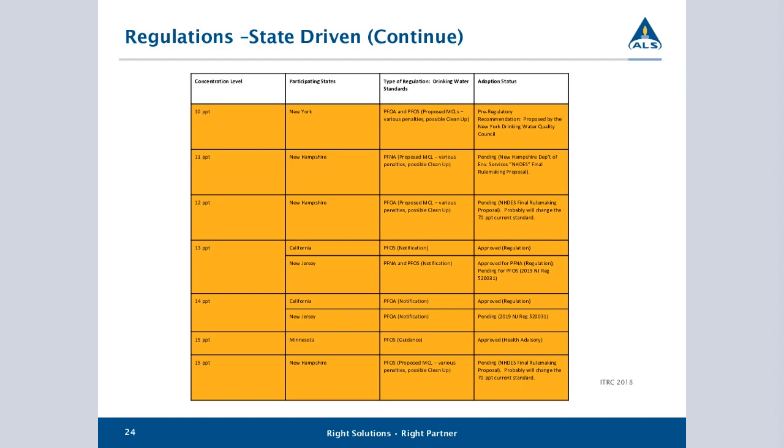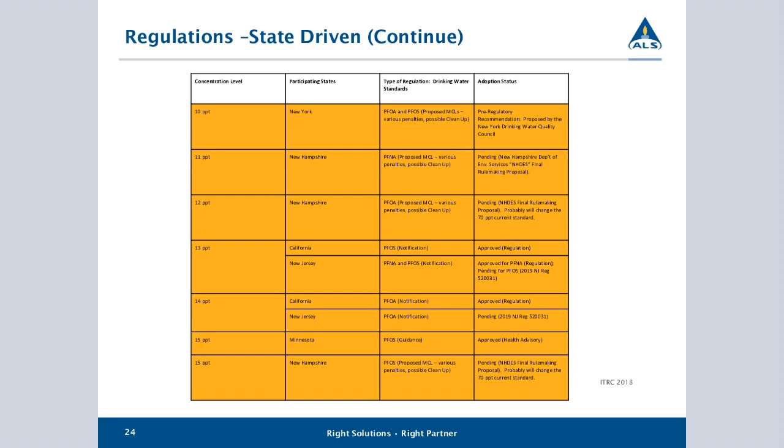And then you go up the concentration level. So if you look at New Hampshire, it's 11 parts per trillion for PFNA and 12 parts per trillion for PFOA. If you go down again to California and New Jersey, they're at 13 and 14, again, for different PFAS compounds.